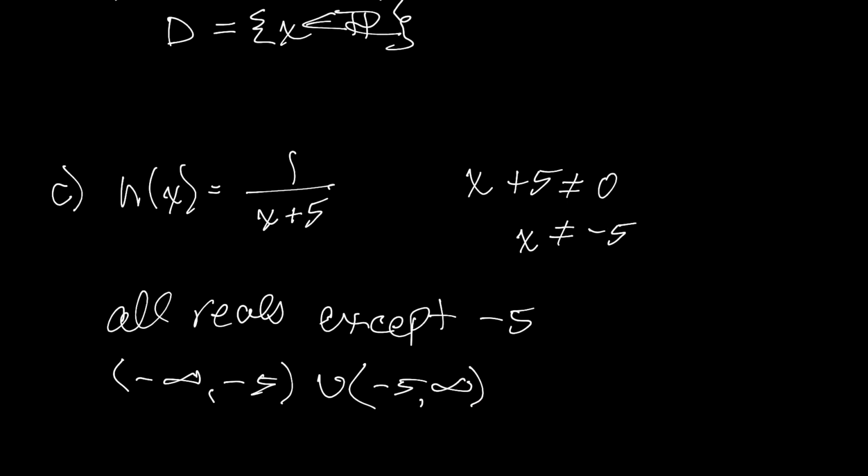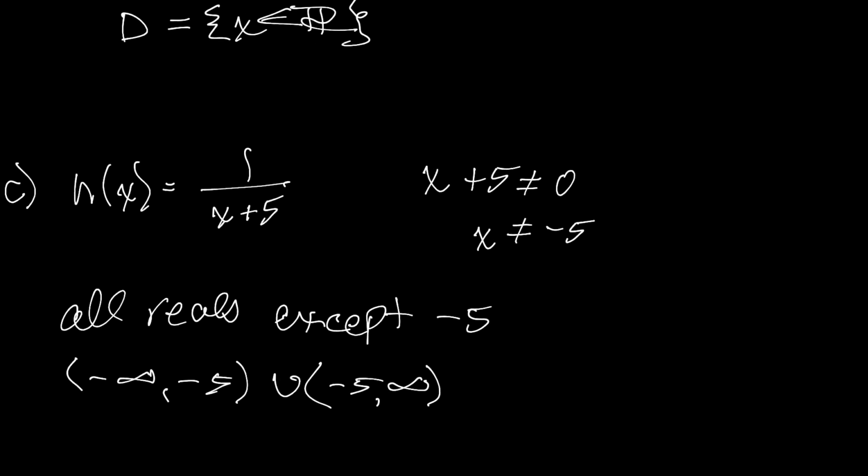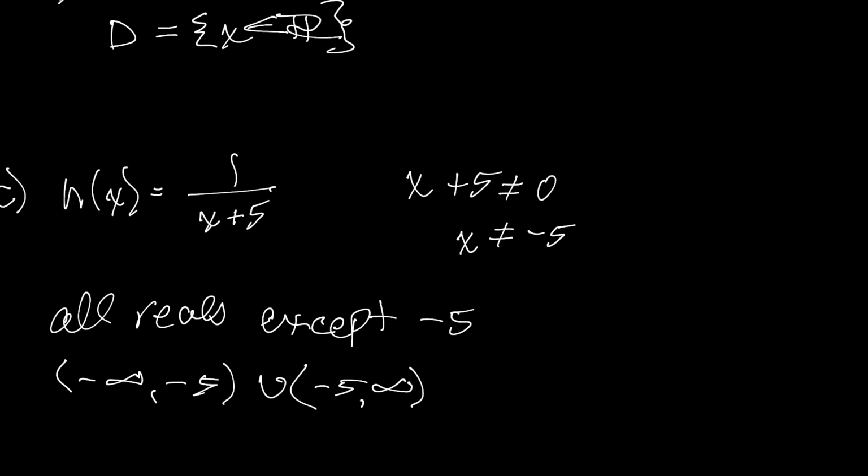And another way, since we're all different here, is to just say the domain, if I did it in set notation, is set x is an element of the reals such that x is not equal to -5. So any of these would be acceptable.